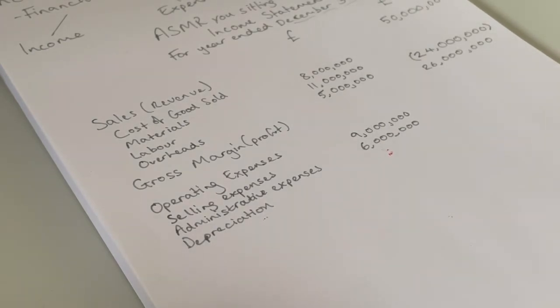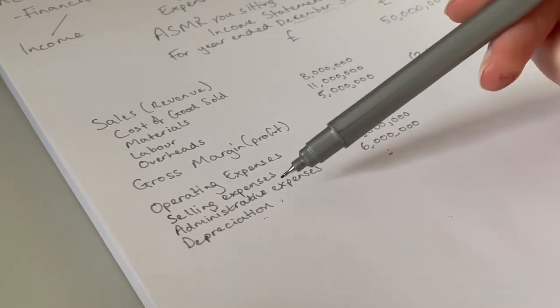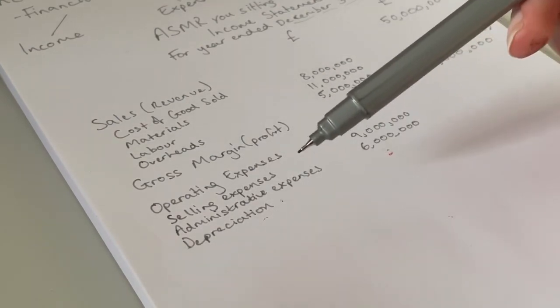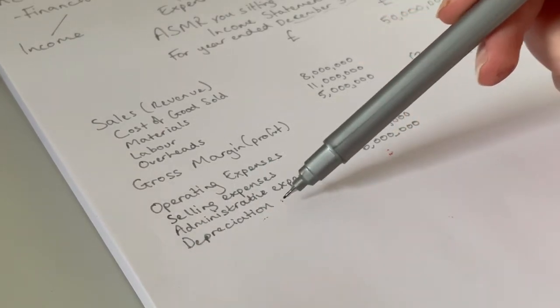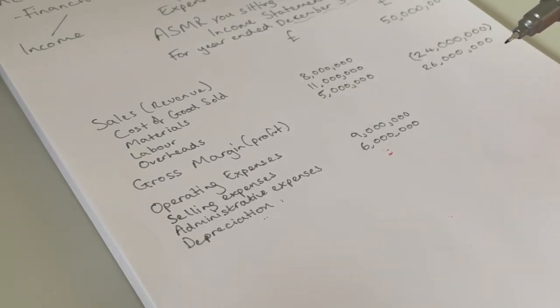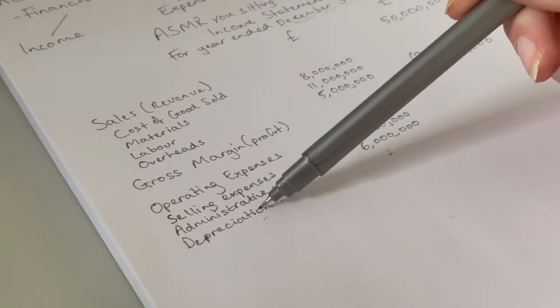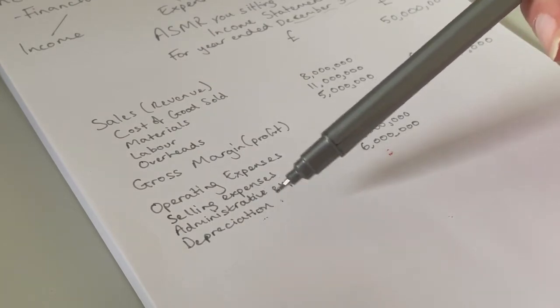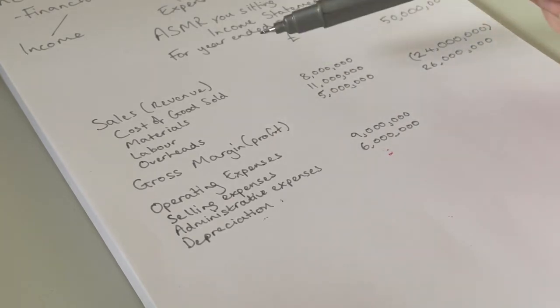As I mentioned, depreciation is more in detail calculated on a balance sheet, and the value that is on the income statement is the yearly depreciation. So you might own an asset for 4 years, but the only thing that you're going to include in your income statement is the depreciation that it's incurred over the past 12 months, because as we mentioned, that's the period that we're looking at for this income statement.